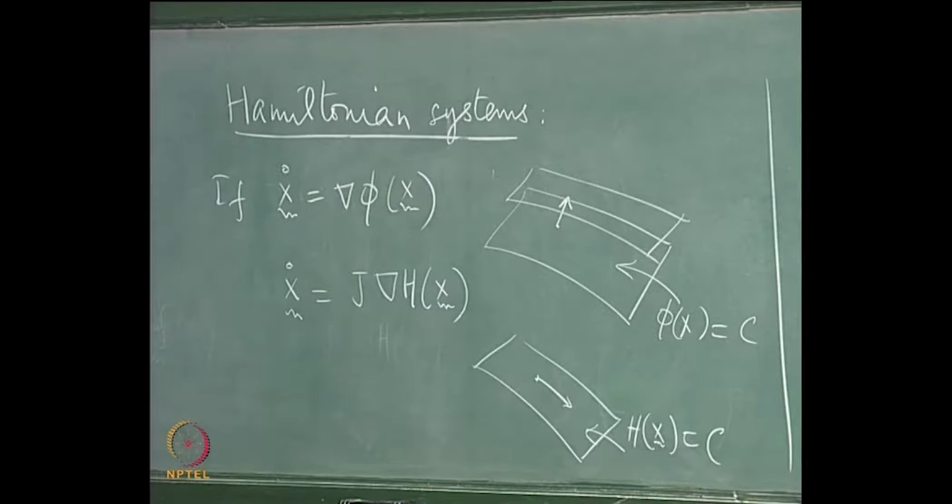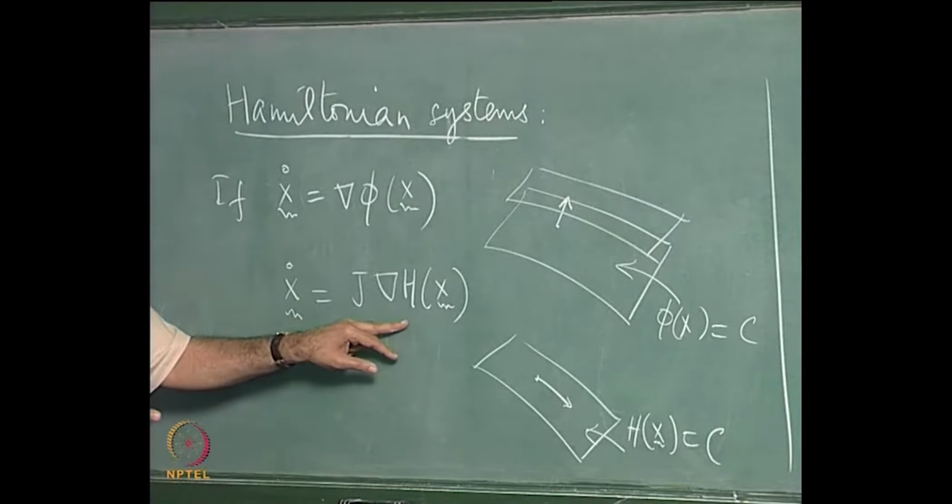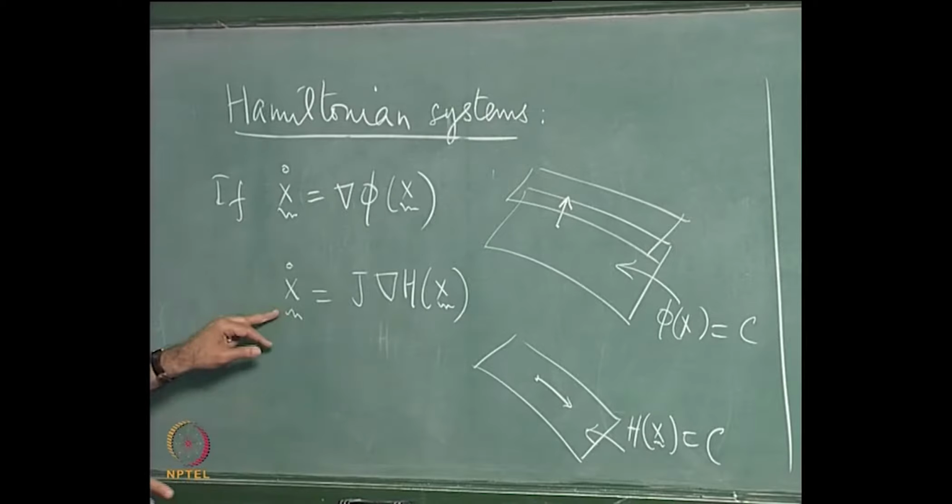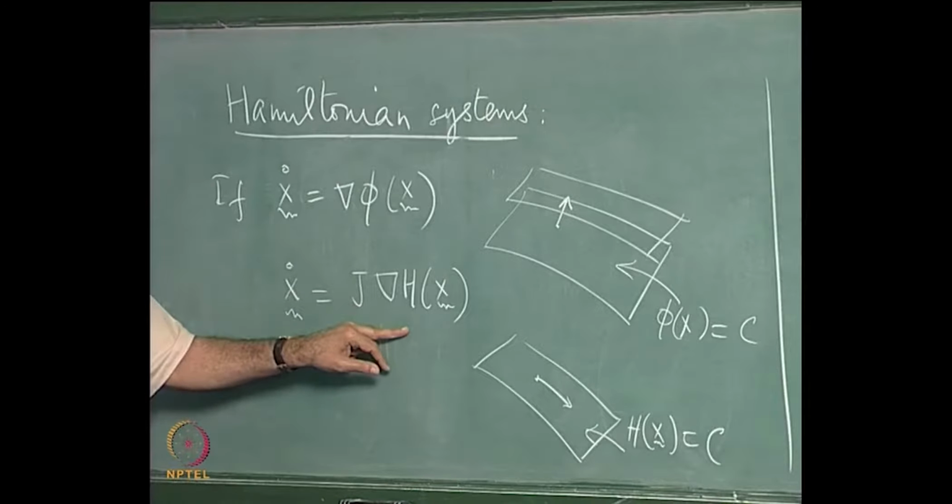The question is, how does that become mathematically obvious by the introduction of J? This J ensures that the derivative of the first component of x is the partial derivative of H not with respect to the first component itself, but the n plus first component, and the second with respect to the n plus second component and so on.